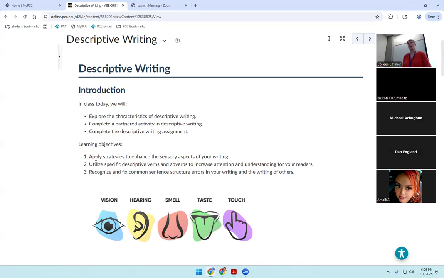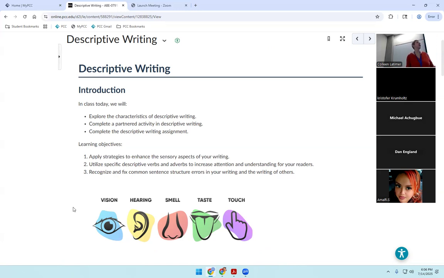We're going to complete that assignment. So we're going to apply these strategies to enhance the sensory aspects of writing. Because when we use our senses, we're getting a bigger, clearer picture of what's going on. And by sensory aspects, I'm talking about these 5 senses of vision, hearing, smell, taste, and touch.